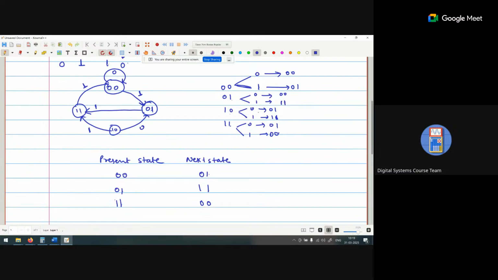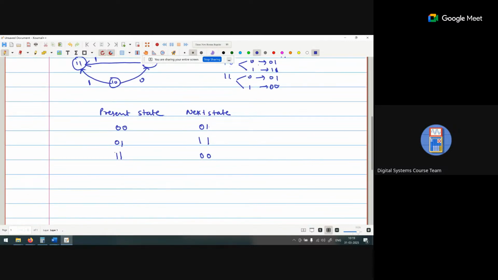Okay, only three states are possible. Now with respect to this one, I can write down the equation for this one, and with respect to this one, I can write down the equation of this one. These two, basically.